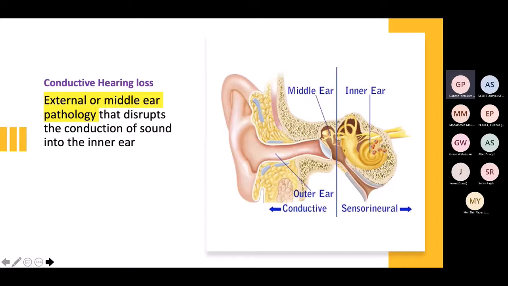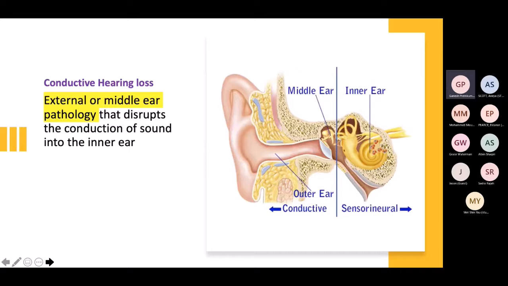So these are my rules again. Conductive hearing loss. Conductive means how we said all those sound waves that travel into the ear canal, they conduct on the tympanic membrane, and the domino effect starts to conduct on the malleus, incus, stapes. This is all to do with conduction of the vibration, right? So a conductive hearing loss only happens in the external or middle ear.